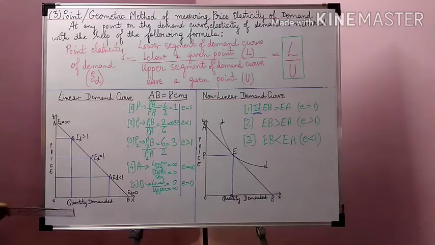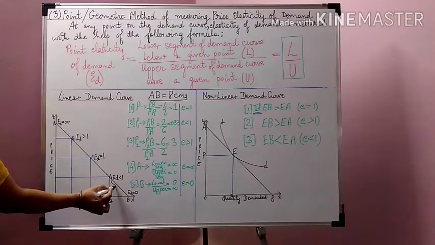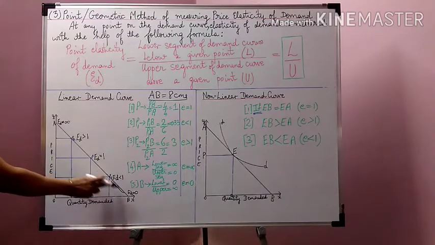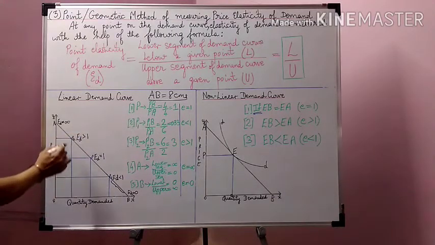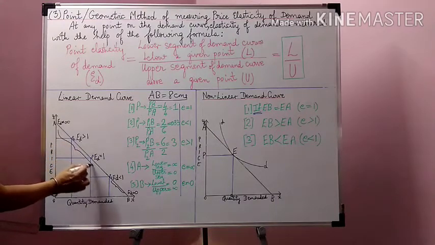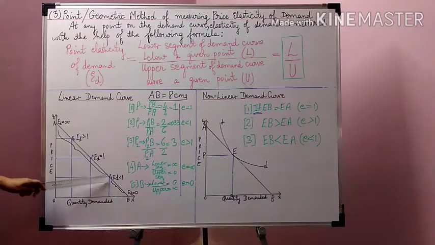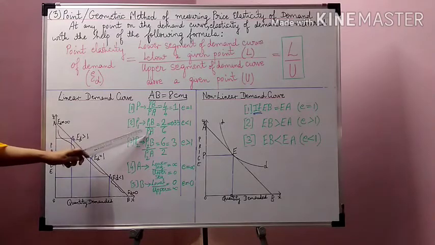Let us proceed. At point P1, what do you notice? The elasticity of demand at point P1 equals lower segment, this is my lower segment, P1B, upon, this is my upper segment, P1A.